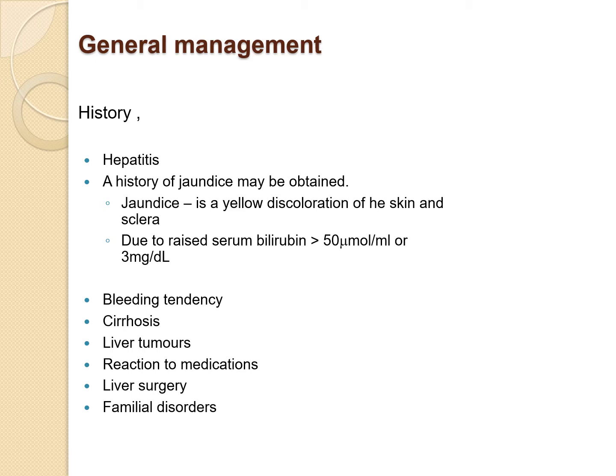We can see patients with yellow discoloration of the skin and sclera, and increased serum bilirubin, more than 50 micromole. The patient may have bleeding tendency, cirrhosis of the liver, tumors, reactions to medication, liver or hepatic surgery, and family disorders.